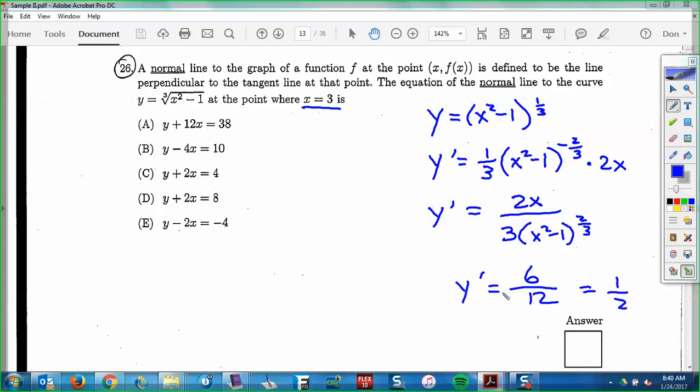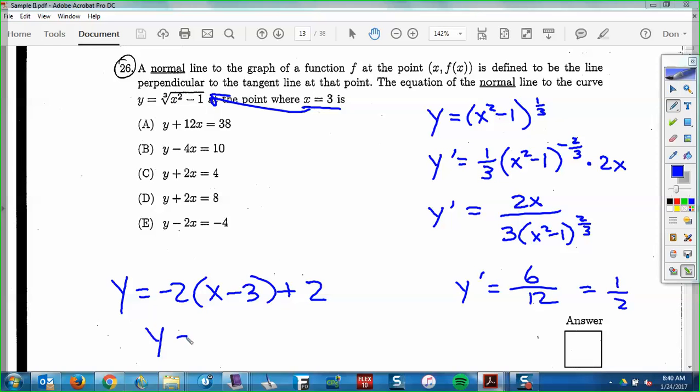But that's for the tangent line. So what's the slope of the normal line? -2, right? Opposite reciprocal. So the line we're looking for has a slope of -2, and then x minus 3, and then plus. Now I need my y point. How do I get my y point? Put 3 back into the original. So 9 minus 1 is 8. Cube root of 8 is 2.